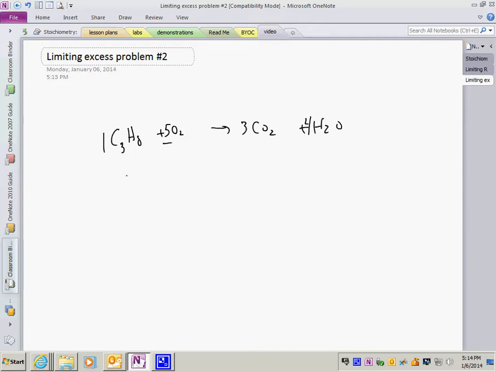Okay. And let's say that I have 300 of these and only, let's go with 600 of these. So I have more of them. This is for my initial conditions. But this is being used up faster. And eventually you're going to be able to extrapolate in your mind and figure some things out.